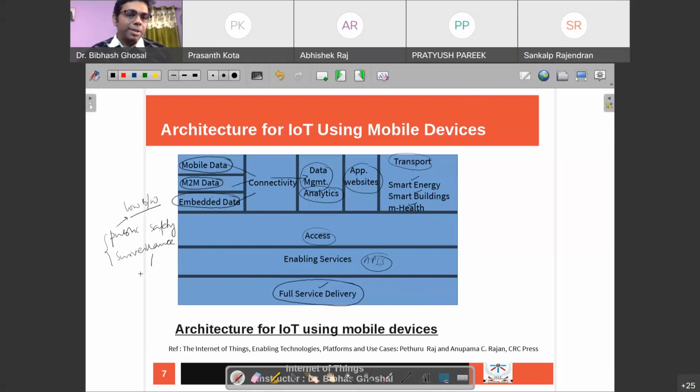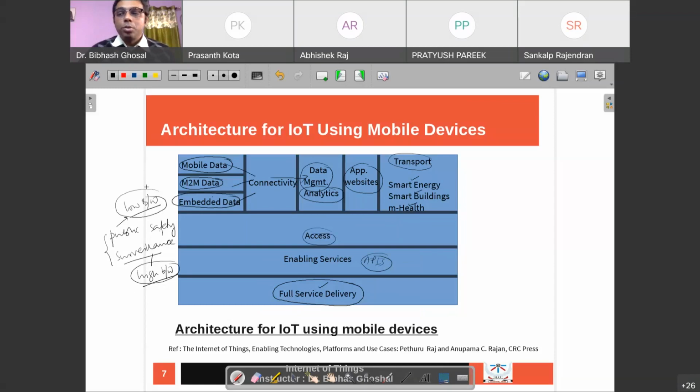Whereas if you're going for surveillance, you will require a high bandwidth mobile network, because the data you are working with will be real-time data, with a lot of images and a lot of processing to be done. So your bandwidth should be very high. Whereas for a public safety kind of application, you may not require such high bandwidth.